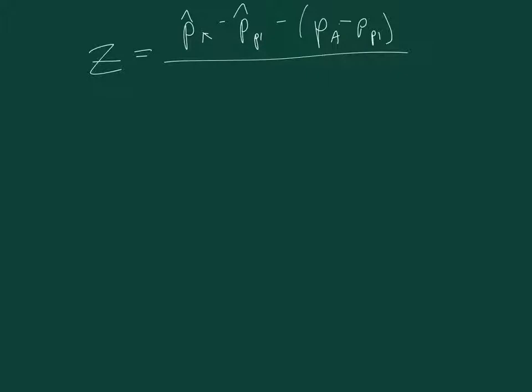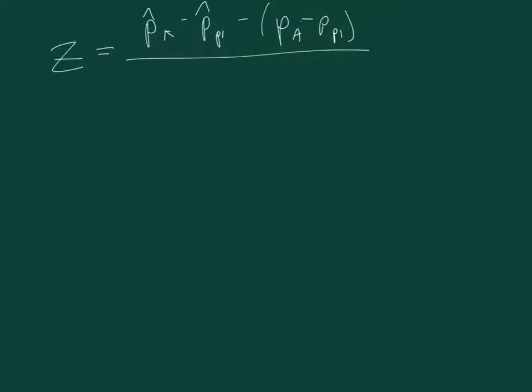The null hypothesis, I assumed that both of the proportions were equal, that PA equals P placebo, PL. Since I assume they're equal, then really what I'm going to do is I'm going to treat it as if it's out of 1,000 total people.